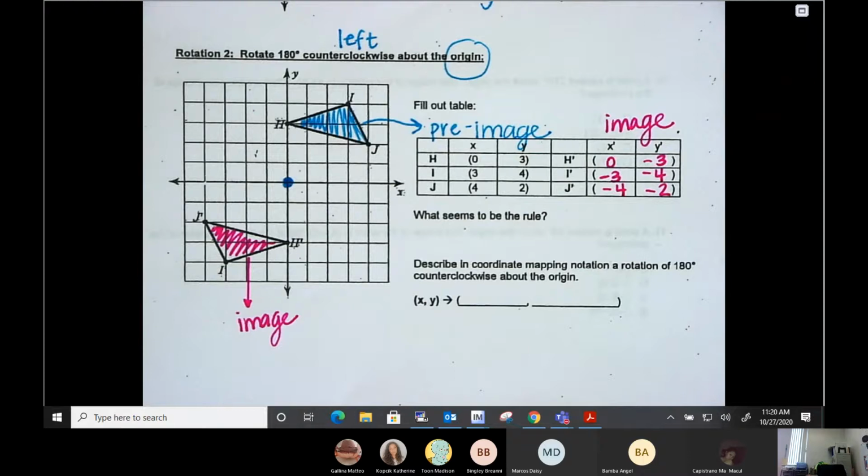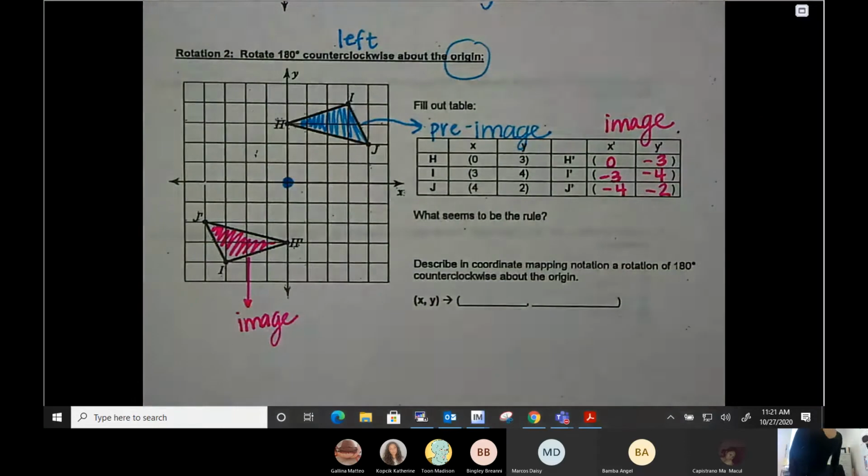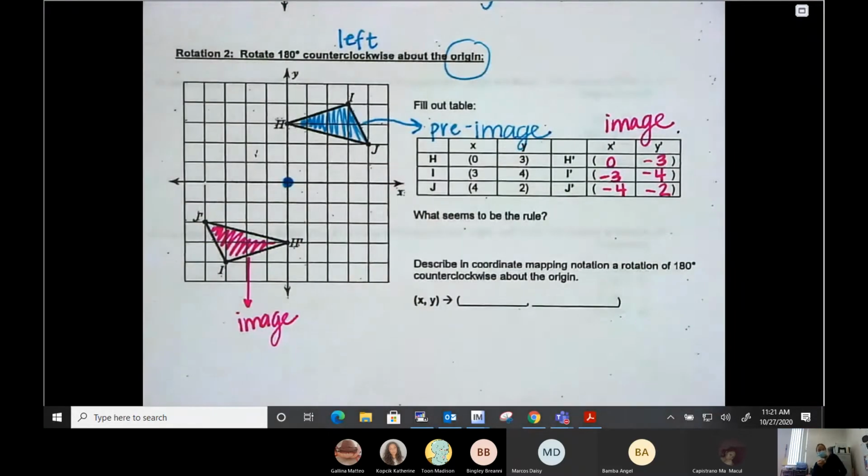After you write the points, tell me in words what's going on. All right, so I saw a lot of good coordinates.